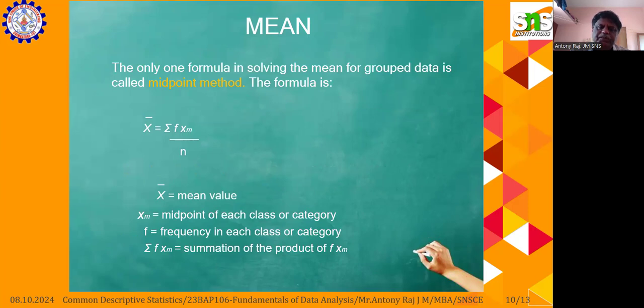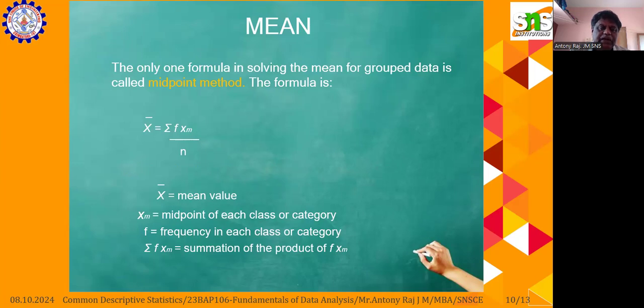for calculating the mean for grouped data, the midpoint method, where x bar is the mean value represented. Xm is the midpoint of each class or category, and that is the value itself. F is the frequency in each class or category, and sigma is the summation of the product of both.